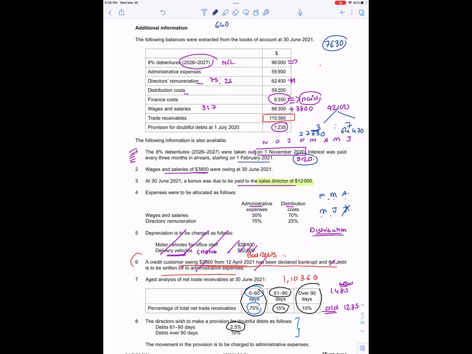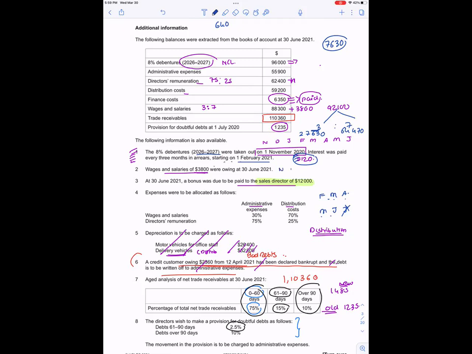Do you have anything related to finance cost? 8% debentures 2022 were taken out on 1st November 2020. Interest was paid every 3 months in arrears starting on 1st Feb.